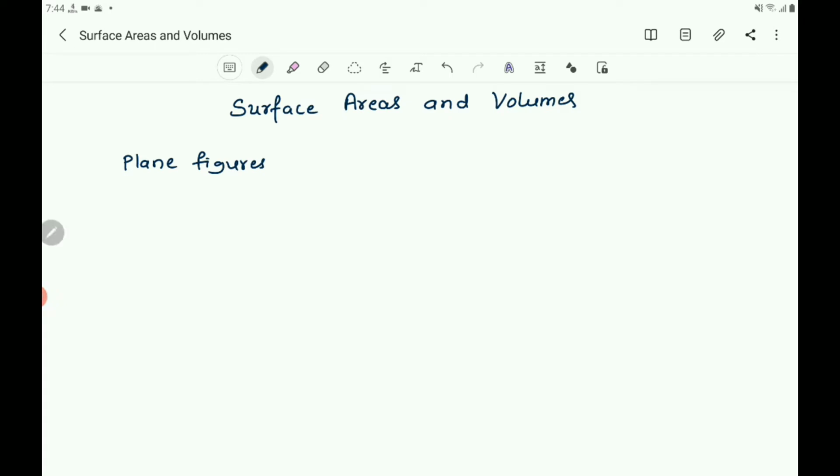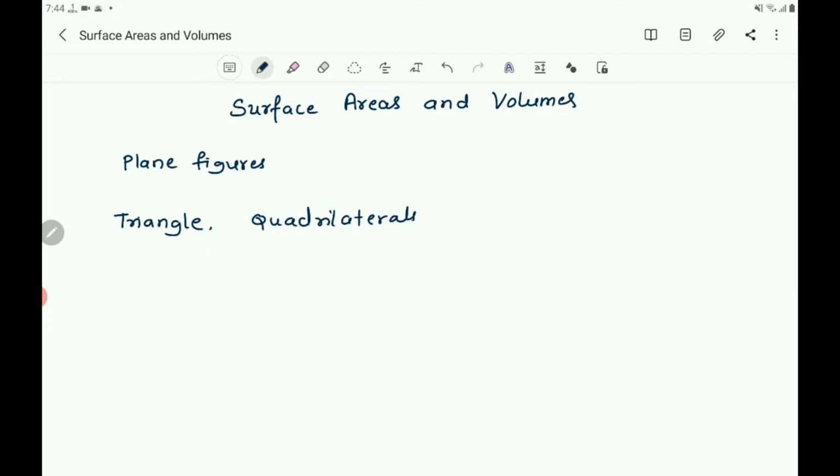So, which are the examples of plane figures? You can start from the triangle. Triangle, quadrilateral, all quadrilaterals.